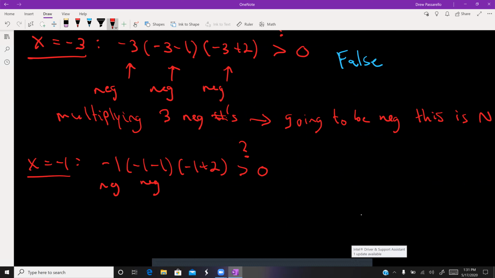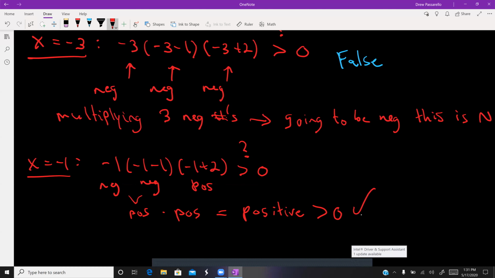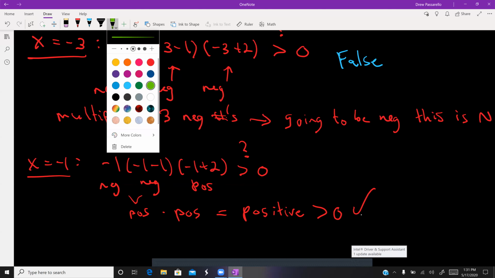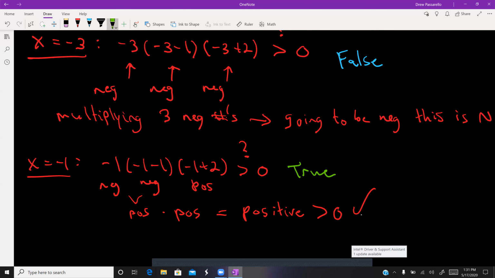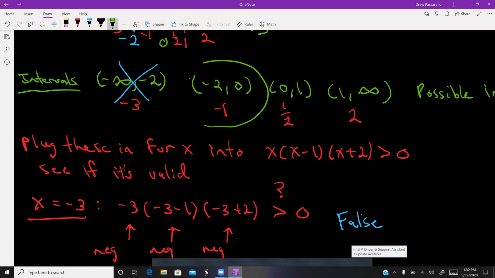And then negative 1 plus 2, that's positive. So you have a negative times a negative. These two make positive, and then times positive is a positive, which is greater than 0. So that's true. Since that worked, that means this is part of my solution.